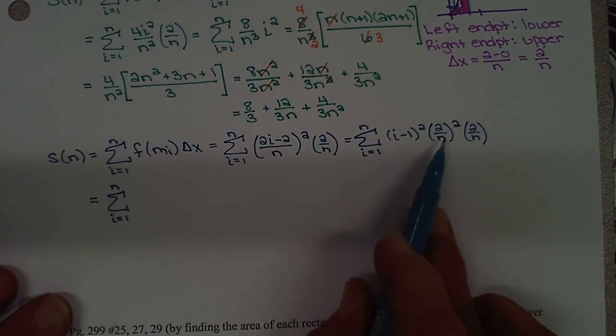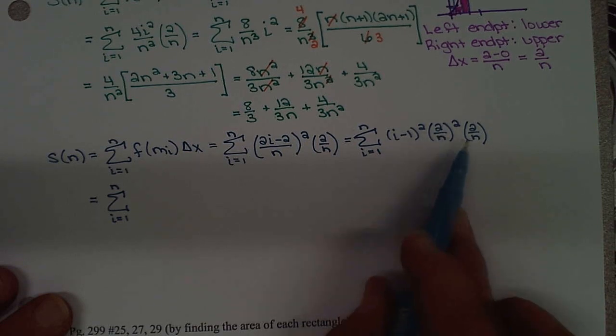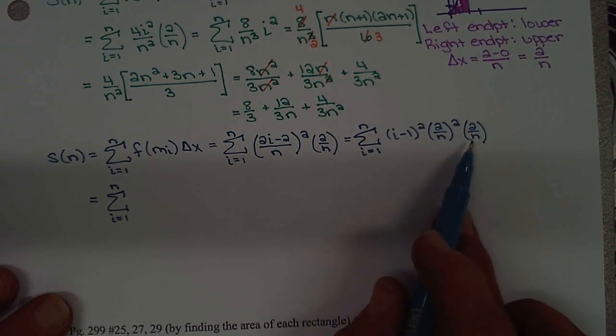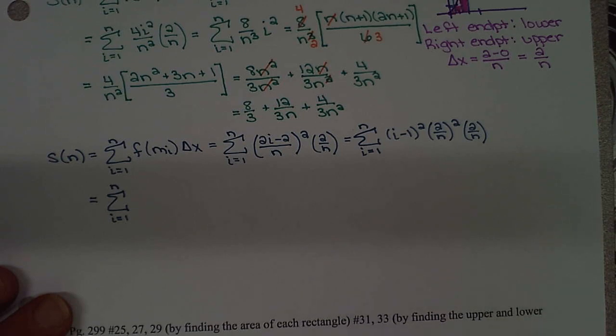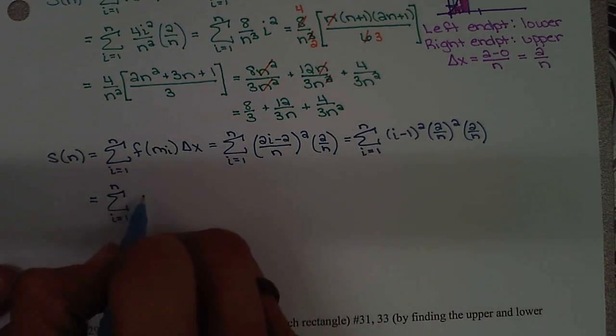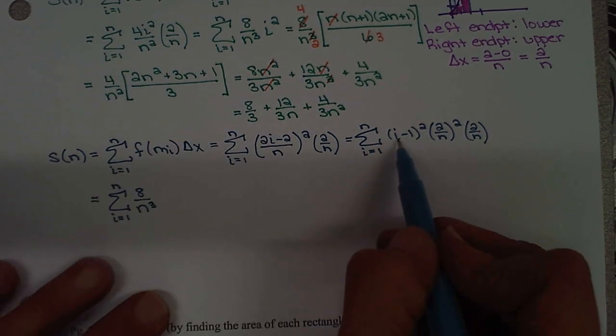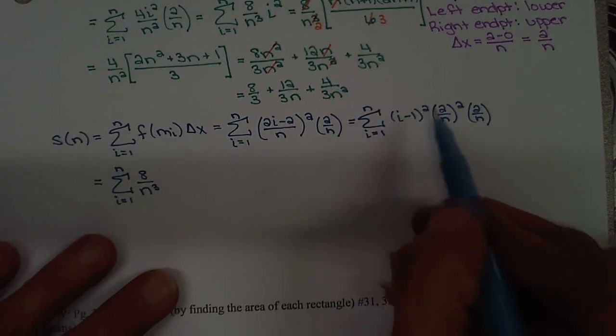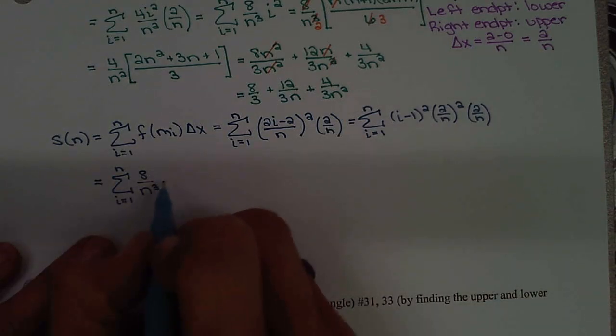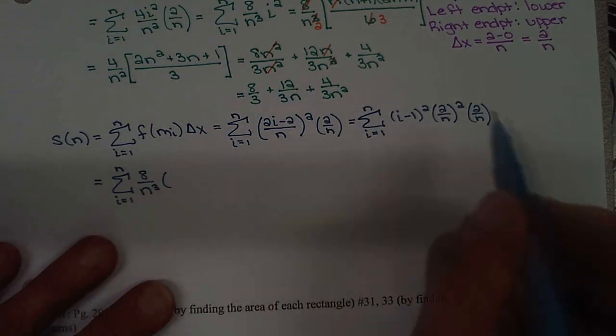This 2 over n quantity squared is going to make a 4 over n squared. This 2 over n is going to multiply, and it's going to turn into an 8 over n cubed, sorry. And then I'm going to have this I minus 1 quantity squared. That we're going to need to go through and do the distributing.